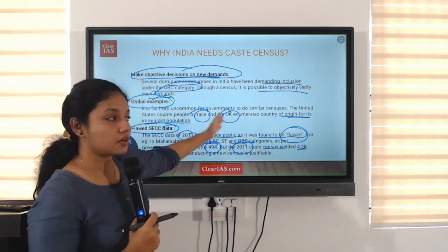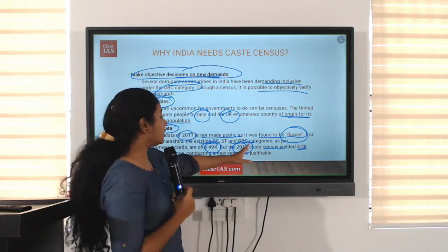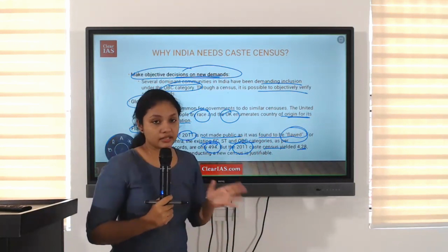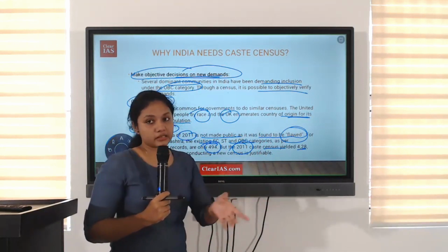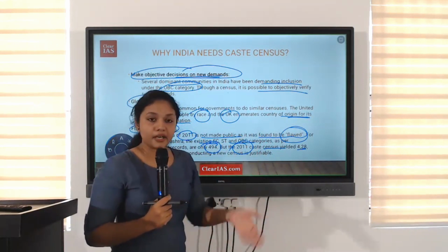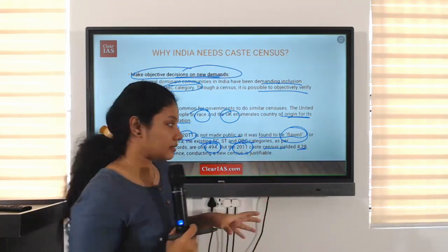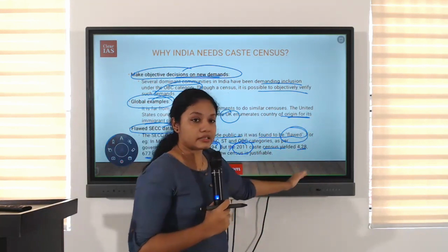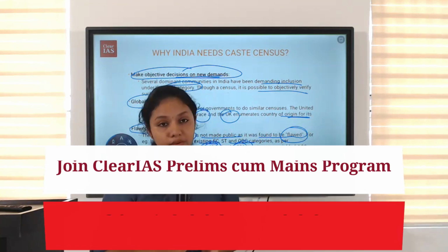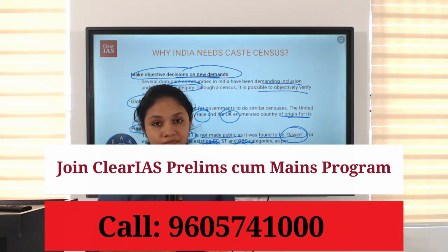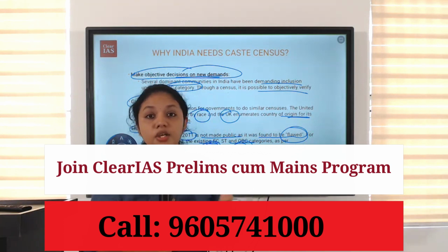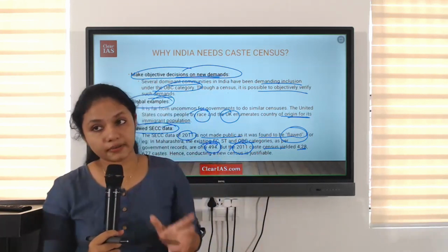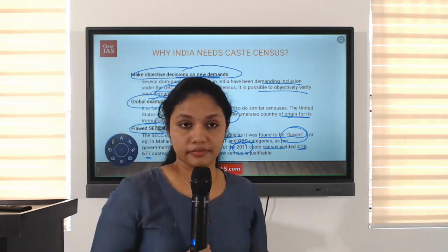In Maharashtra, according to the Socio-Economic Caste Census, only 494 were the people who deserve reservation in terms of SC, ST, and OBC. But when the 2011 caste census was made, the total population of SC and ST was nearly 4,30,000. See the difference? This is a huge difference. There is a huge exclusion of the correct population.